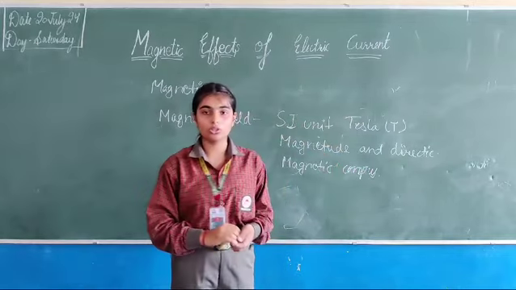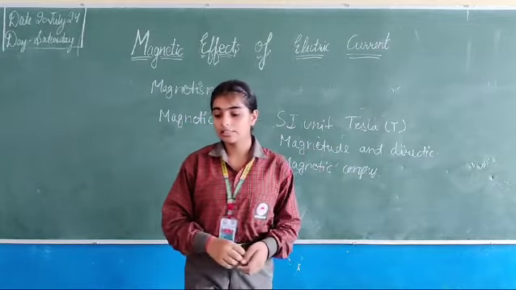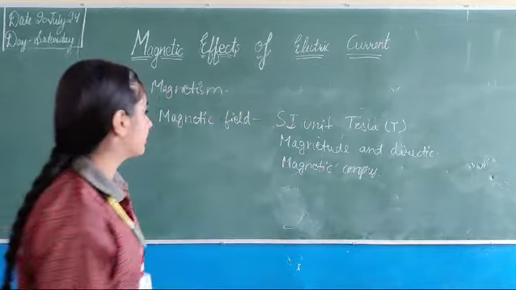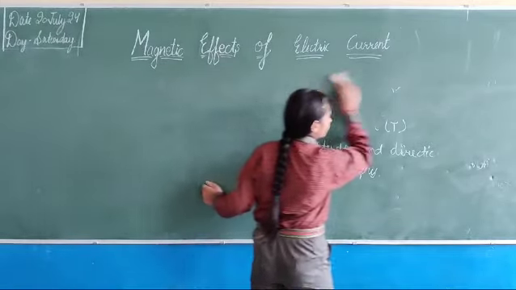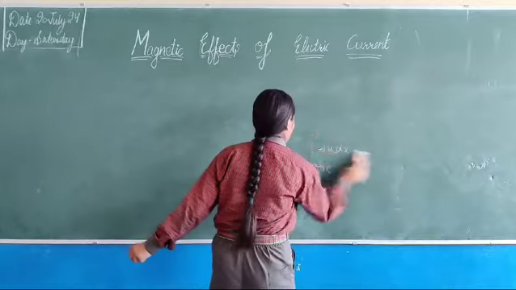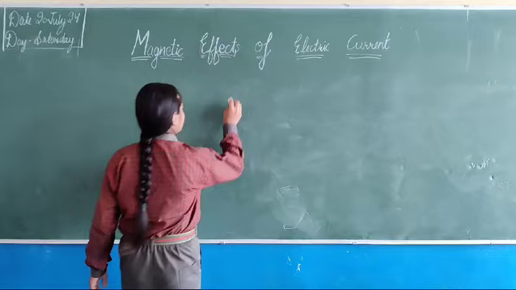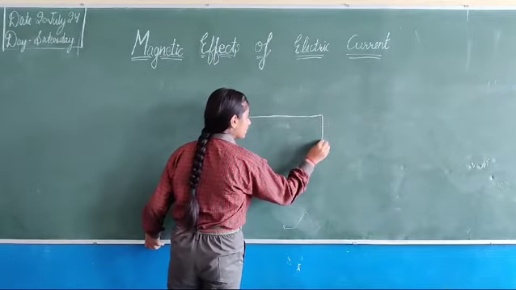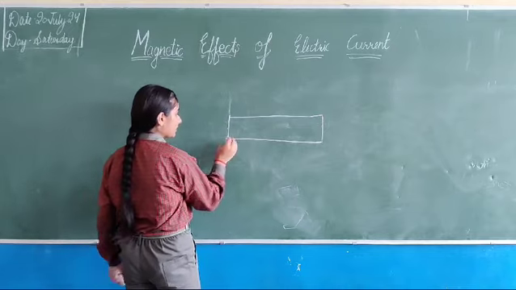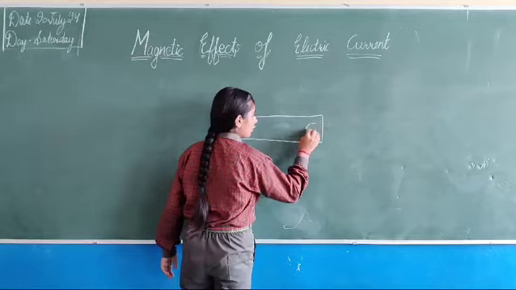Now I am going to show you the representation of magnetic field lines on a bar magnet. Side by side I am going to tell you the properties of magnetic field. This is a bar magnet. As we know, each kind of magnet has two poles, north pole and south pole.